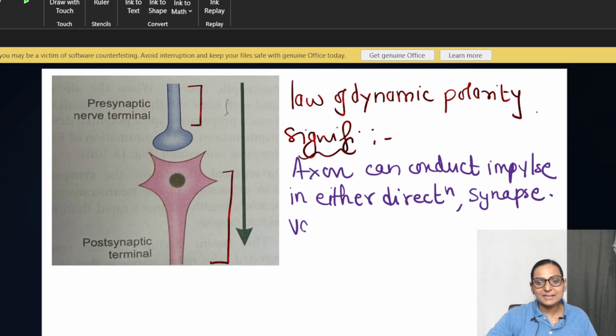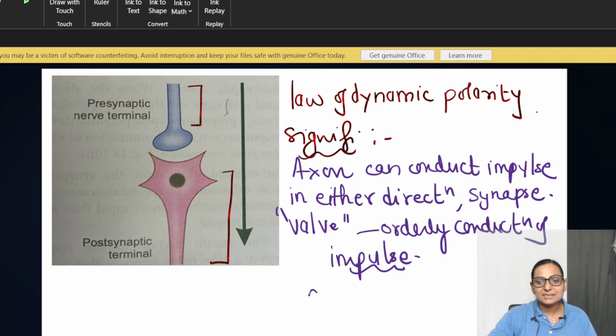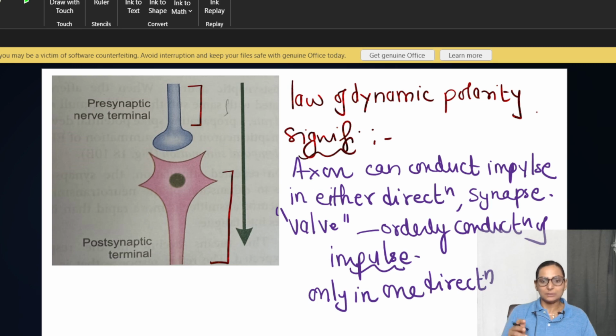The synapse basically behaves as a valve, and it is responsible for the orderly conduction of impulse. It is important for the orderly conduction of the impulse only in one direction, that is from the presynaptic to the postsynaptic terminal.